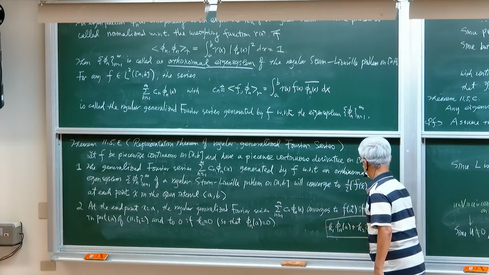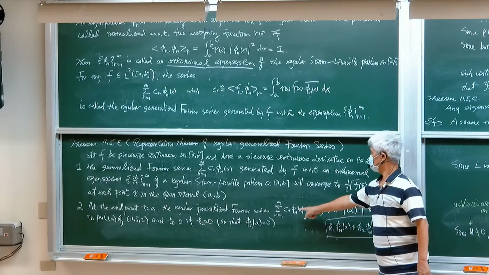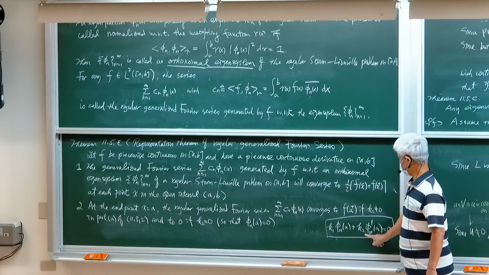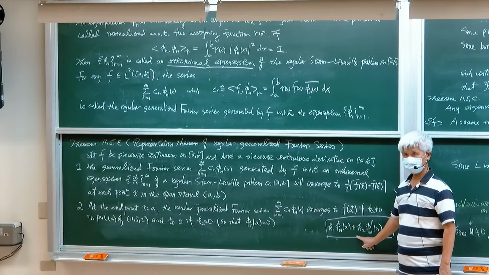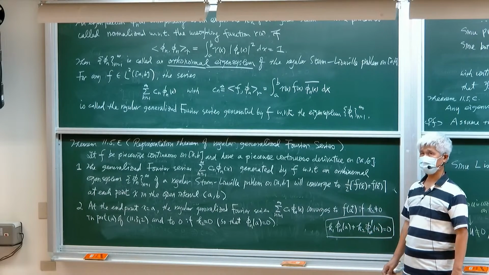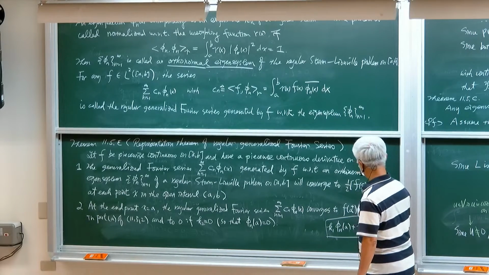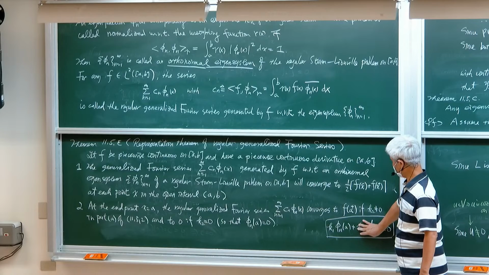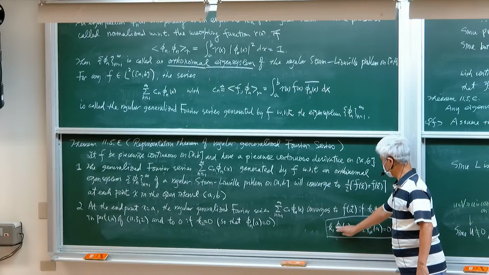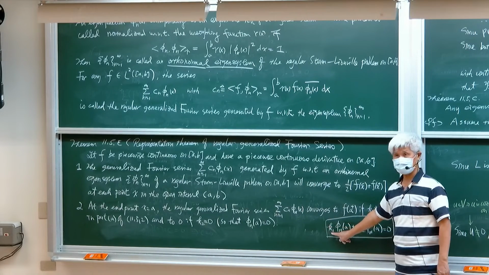Every eigenfunction satisfies the boundary condition at the endpoint A. So if k2 equals 0, then phi n of A must be 0 because k1 cannot be 0.